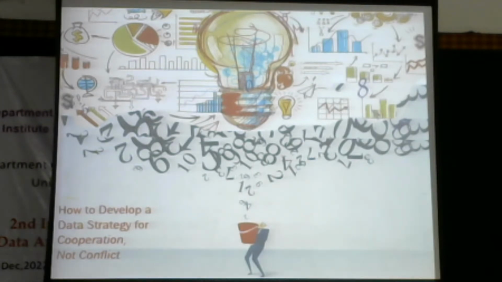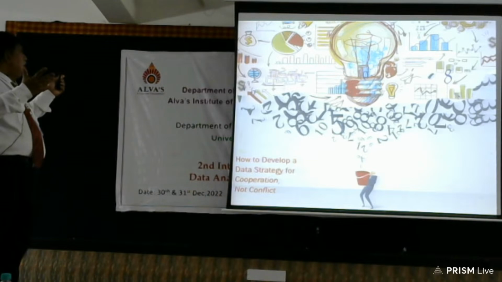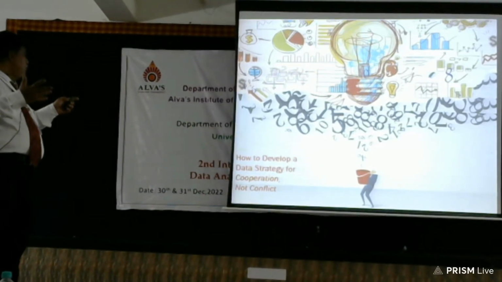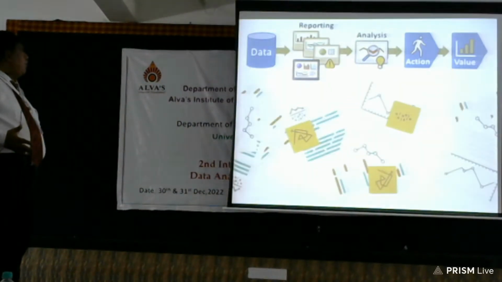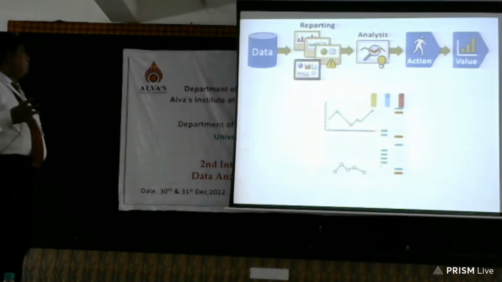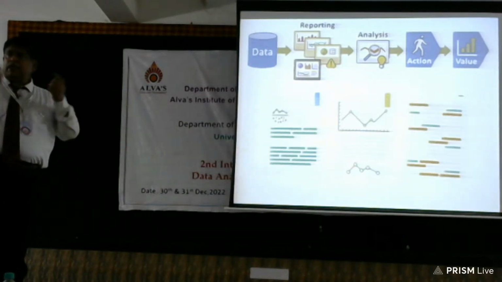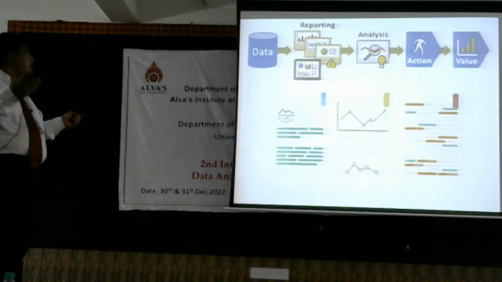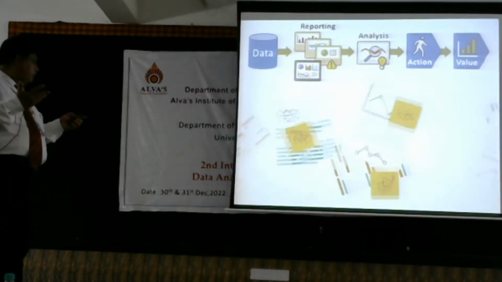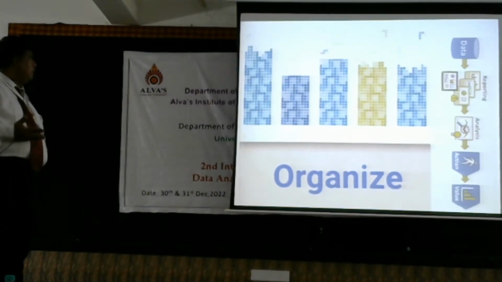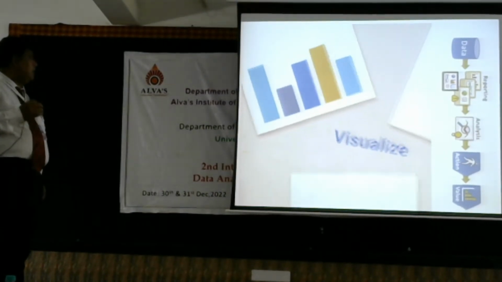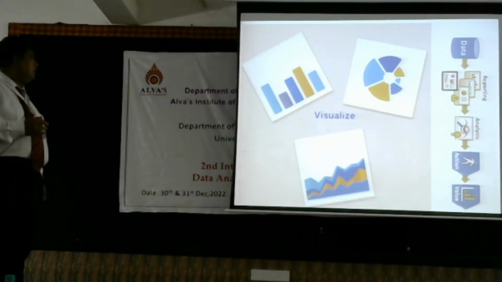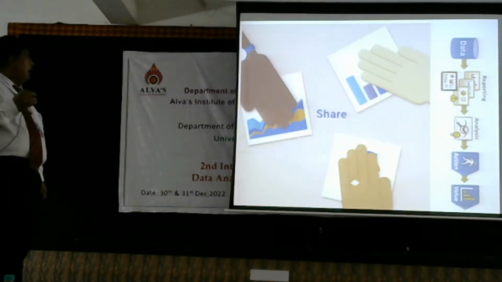So you have a huge amount of data which are numbers and other things which you need to really order. So you need a proper way of sorting them and placing them in a proper sorted manner. Otherwise, you're gone with it, you just can't work with the data. So organizing the data is a thing, then visualizing the data comes, and then sharing the data.